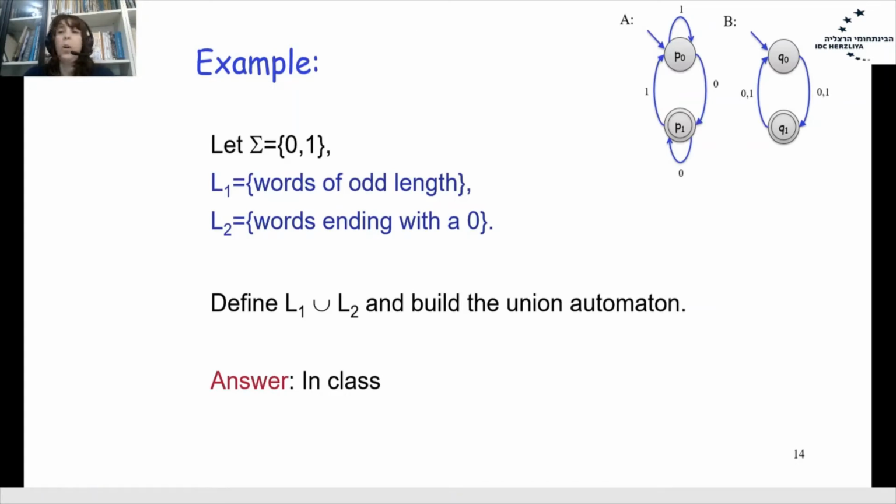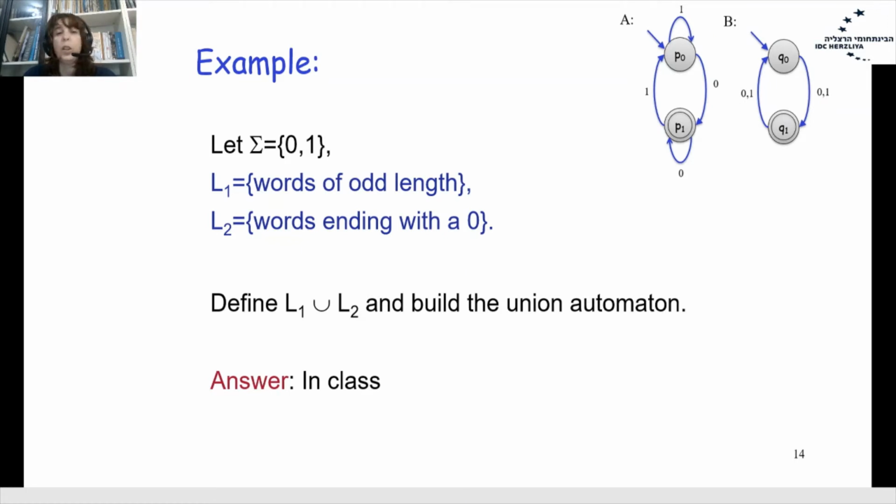Okay, so let's go back to our example. We have two languages, L1 and L2. The language L1 accepts all the words of odd length, and it is automaton B in our case.